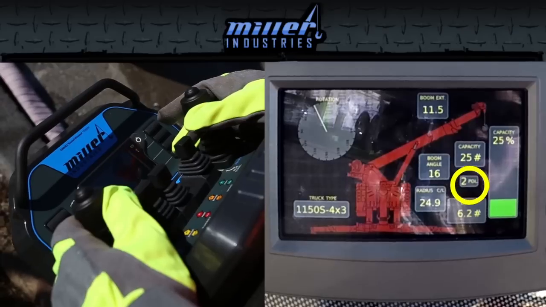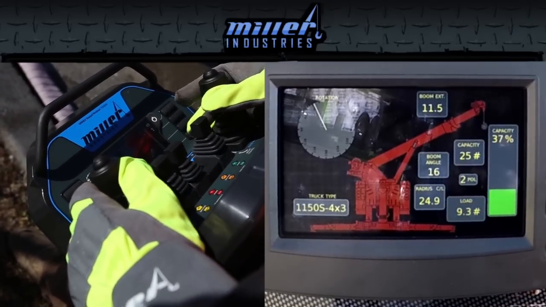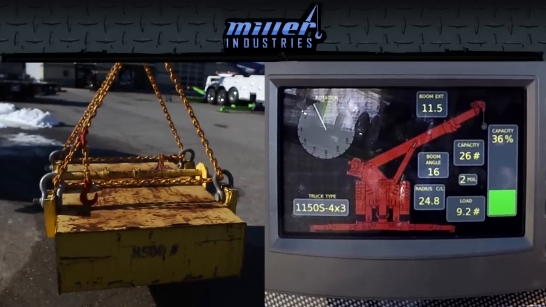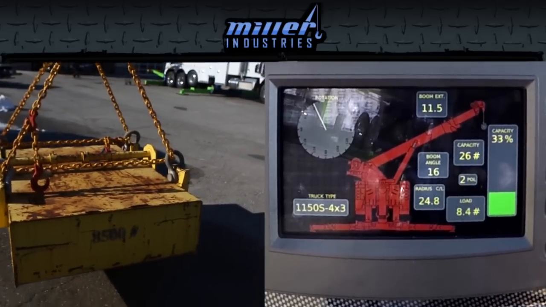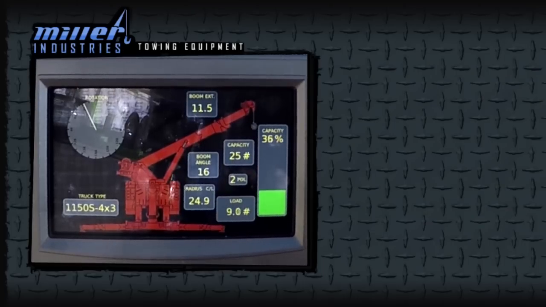To get the most accurate reading of the load numbers, hook up your load and make sure parts of line have been adjusted on your screen. Lift with the winches smoothly. The load number will adjust as the bar chart will show what percentage of your capacity is being used.